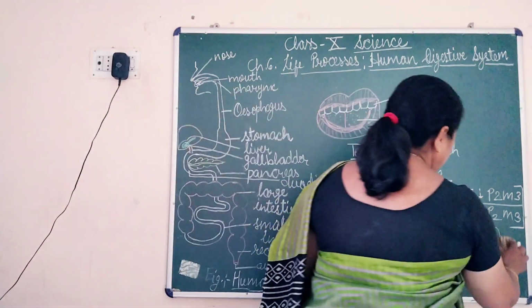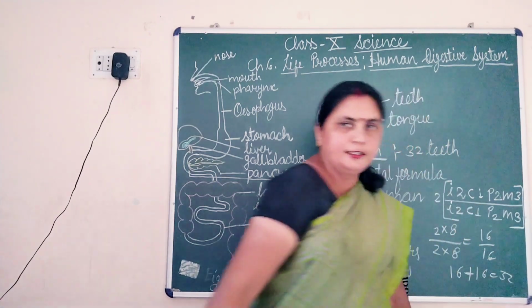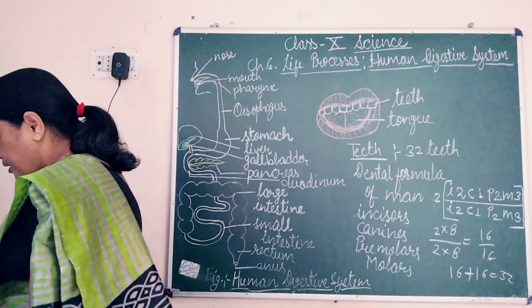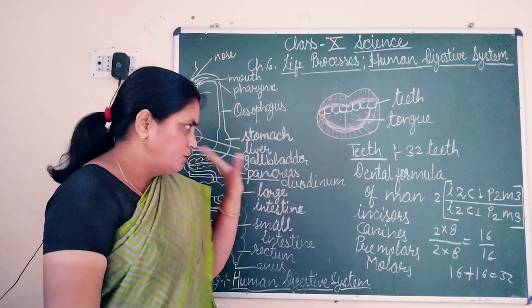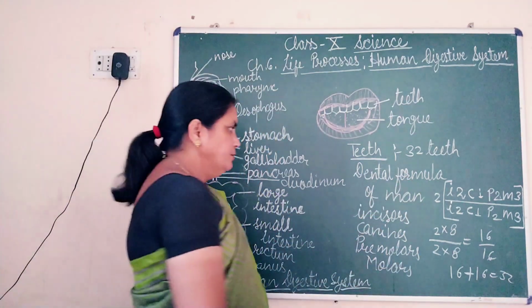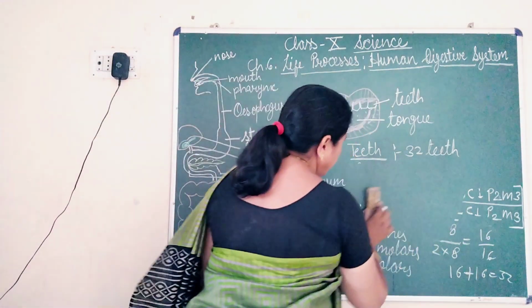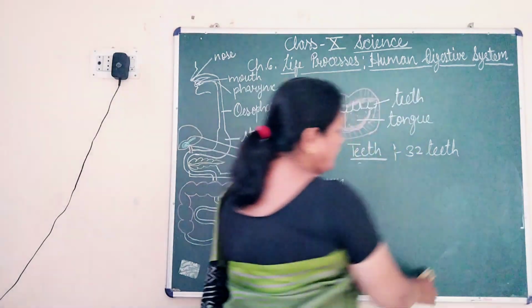So here 16 upon 16 means 16 plus 16 equals 32. So this is about the teeth which are present in our mouth. But children, these teeth which I have told you, that there are 32 teeth, are called permanent teeth.